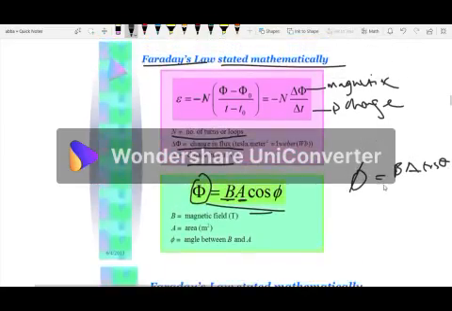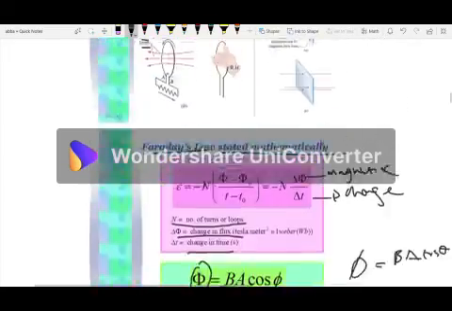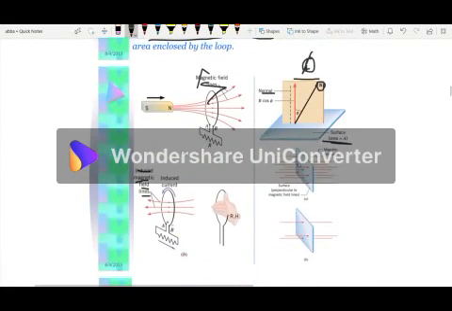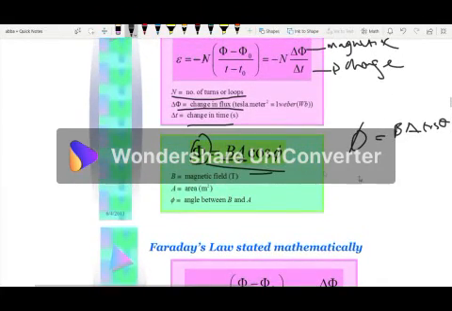This is rightfully so, because if you look at this, let's take this to be your magnetic field, because we have a surface area here. So we can say cos theta is going to be equal to the magnetic flux over BA, right?